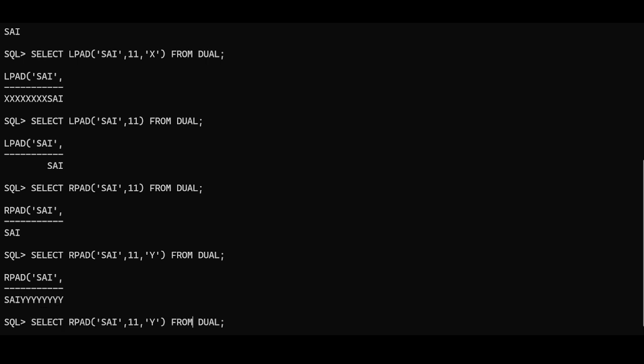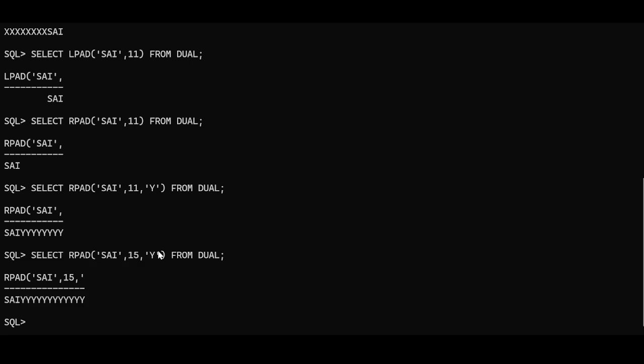It depends upon the count that you are giving here. Let us take it as 15. 15 minus 3 is 12, so 12 times the y will be filled on the right side of the string.